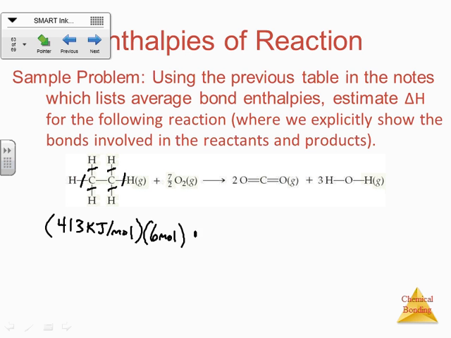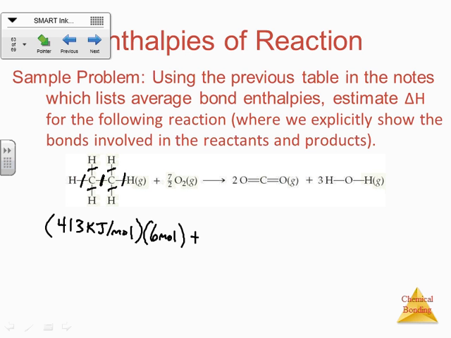And then I'm going to add that to the amount of energy it takes to break the O2 bonds, right? Because we'll have to split the oxygens up from one another as well in order to make this reaction occur. So what about an oxygen-oxygen bond? Oh, yep. Forgot about that.